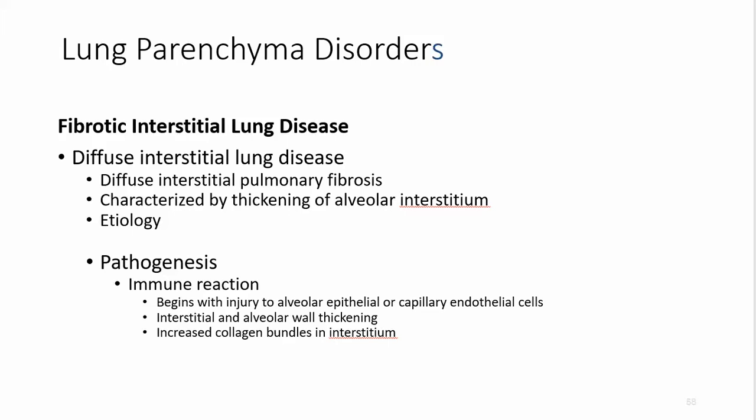So this isn't in the alveoli themselves, because they really don't have a lot of connective tissue. They are primarily epithelial. This is all that supporting tissue. So you get injury to these endothelial cells, to the epithelial cells of the alveoli, and then the walls thicken, and then you get collagen laid down, basically scar tissue.